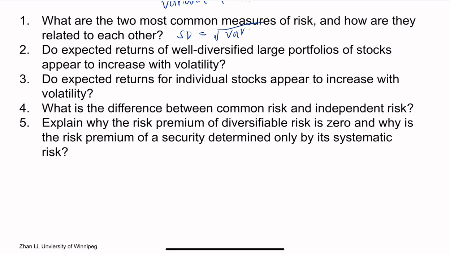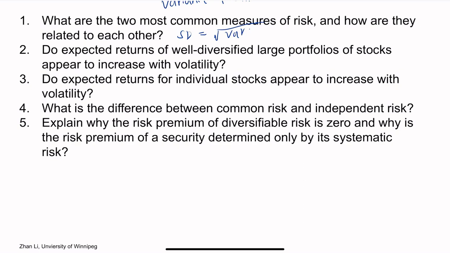The fifth question, explain why the risk premium of diversifiable risk is 0, and why the risk premium of a security is determined only by its systematic risk? Well, basically, if a risk is diversifiable, then investors can eliminate this kind of diversifiable risk by building a large portfolio.